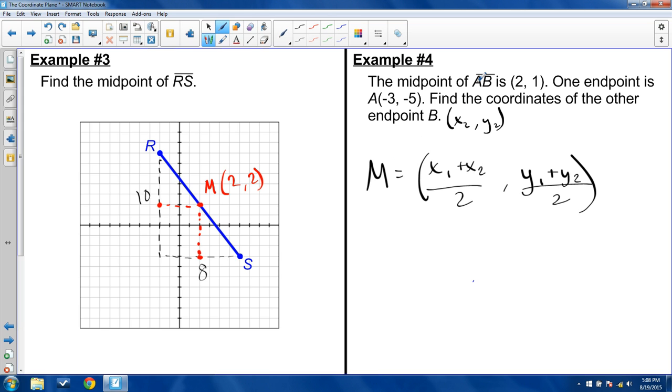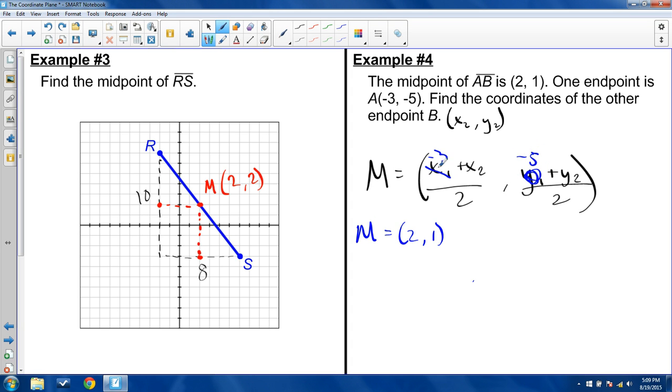Now we know what the midpoint of AB is. It's 2, 1. So if the midpoint is 2, 1, that means 2 represents x1 plus x2 over 2, and by the way, x1 here is -3. And 1 is the same as y1 plus y2 over 2, and y1 is -5.